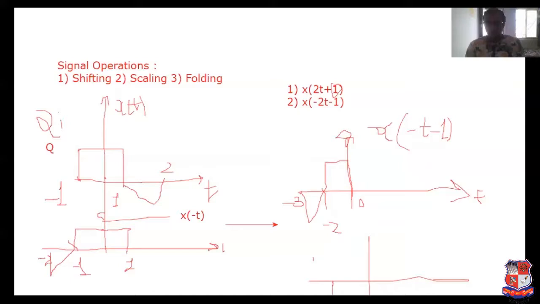So -1.5 here, -1, and here 0. So here x of -2t minus 1.